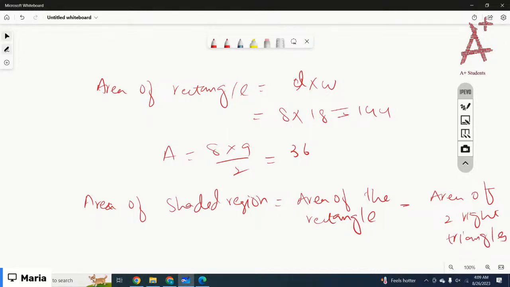The area of the rectangle is 144, and the two triangles are exactly the same. They have the same area, right? It would then be 144 minus 72. It would be 72. That means the area of the shaded region is 72.